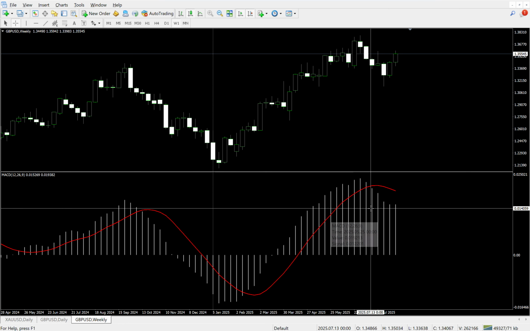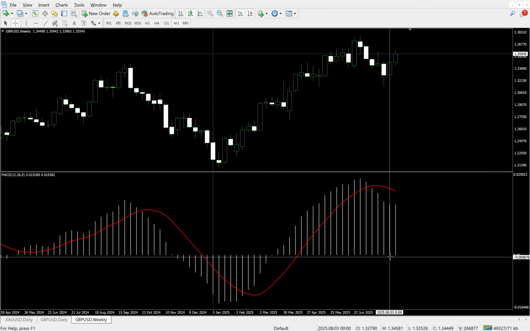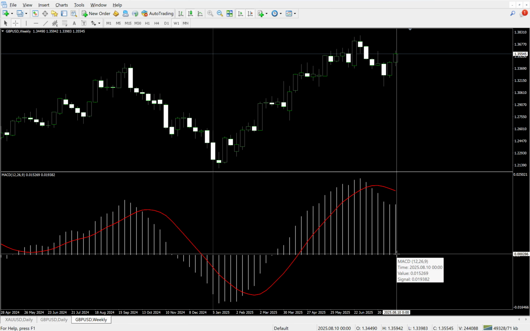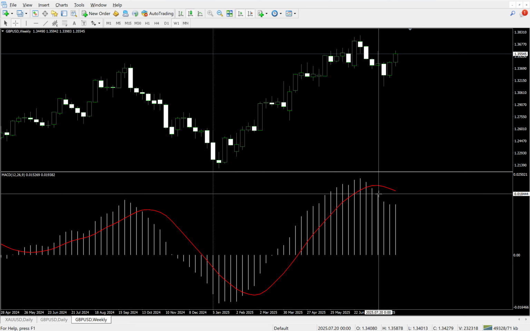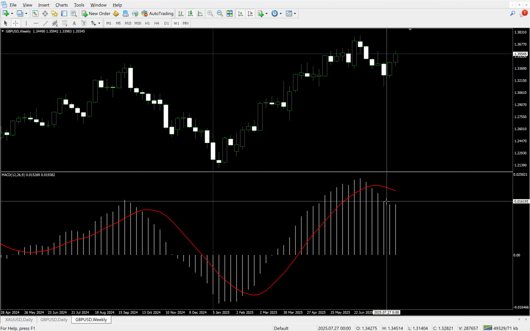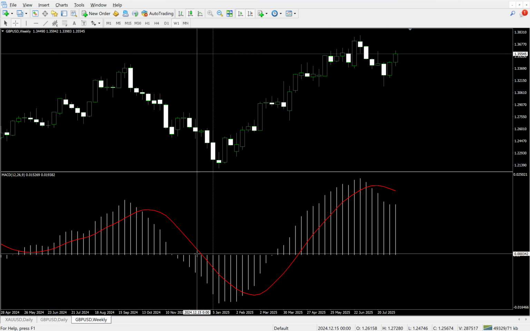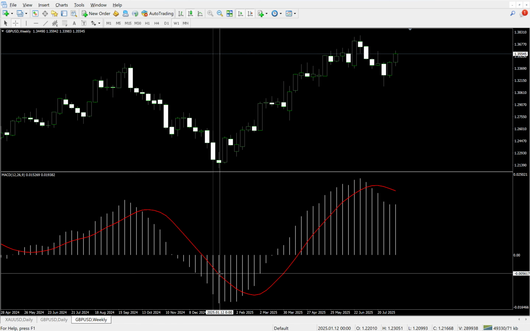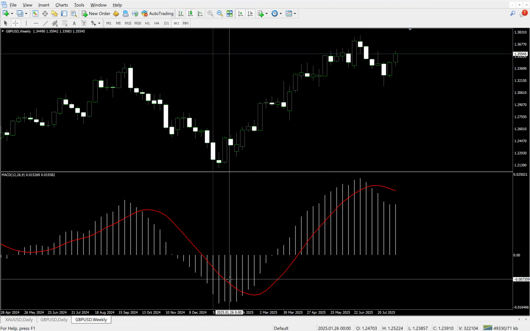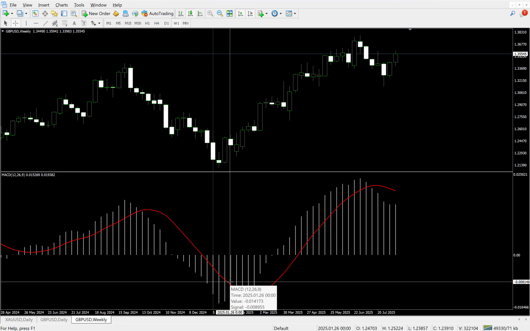If the bars are located above the zero line, we consider it an uptrend, and all this kind of movement and downward direction of the bars we consider a correction within the global uptrend. And if the bars of the MACD indicator are located below the zero line, we consider it a downtrend.